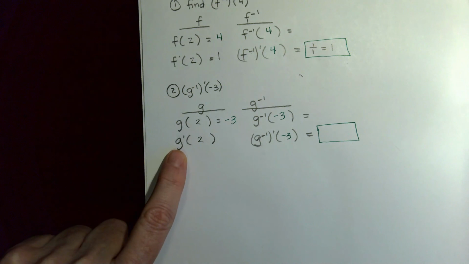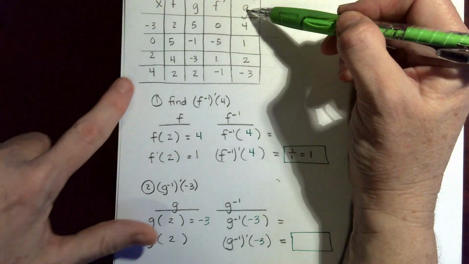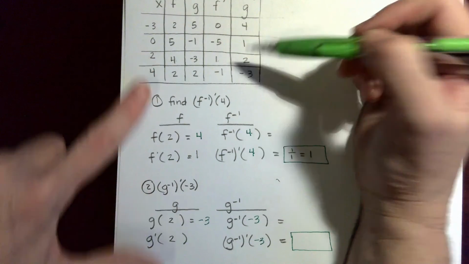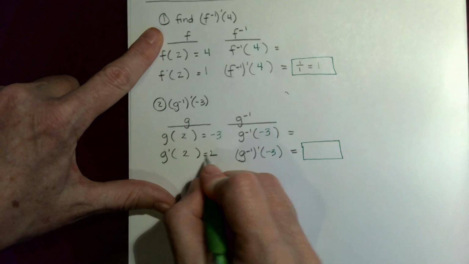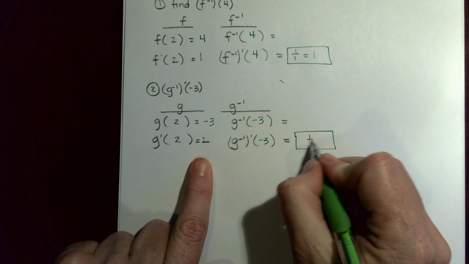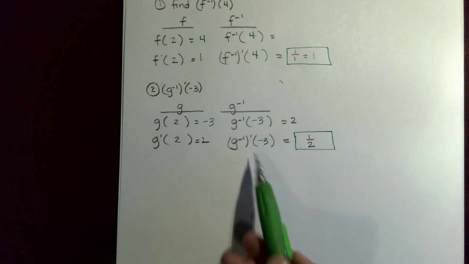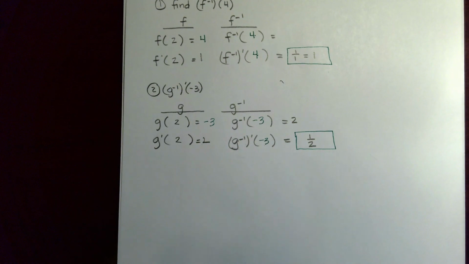What is g prime of 2? Well, g prime of 2 is 2. So this has to be the inverse of that, which is 1/2. And I could put that 2 there, but it just sort of sums it all up for me.